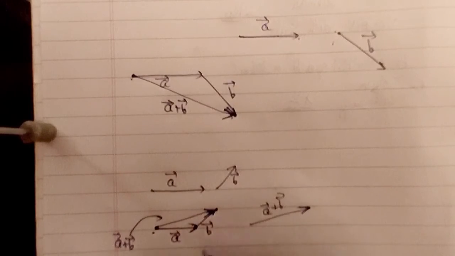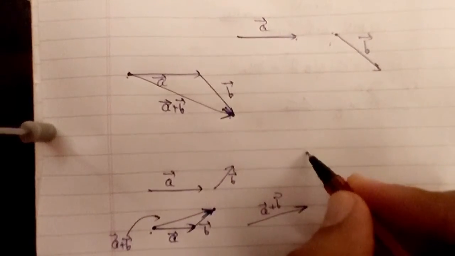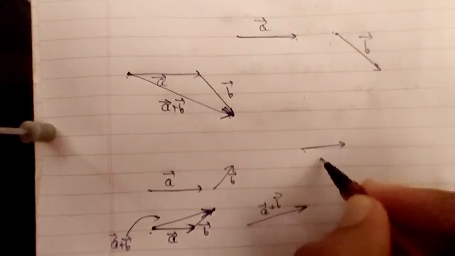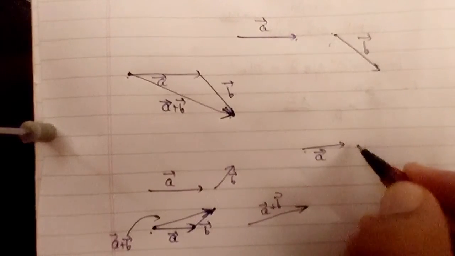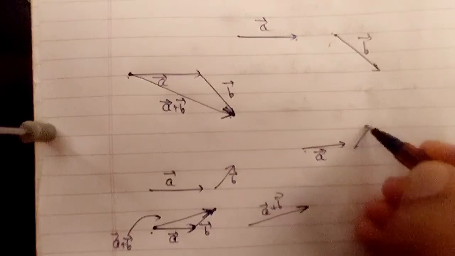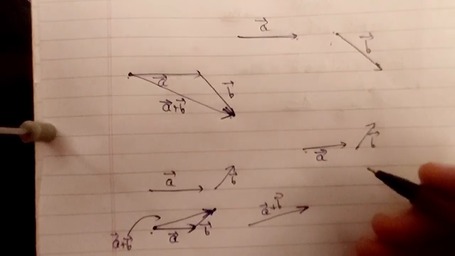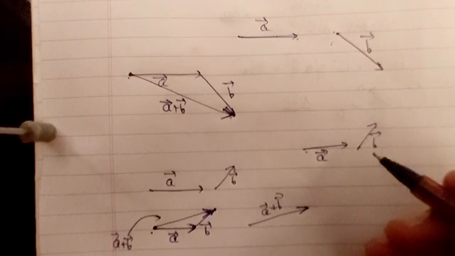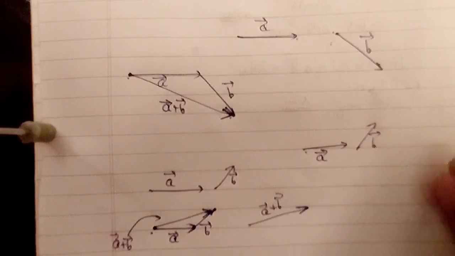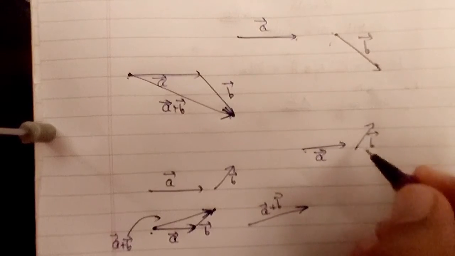Now coming to subtraction of vectors, this is A vector and, let's take the same example, this is B vector. When it comes to subtraction, it's easier if you make it addition of two vectors by simply changing the direction.